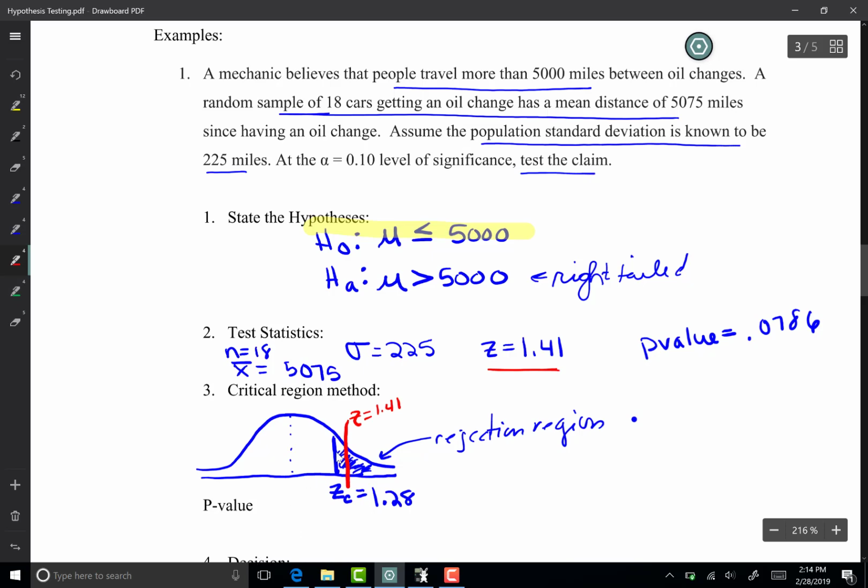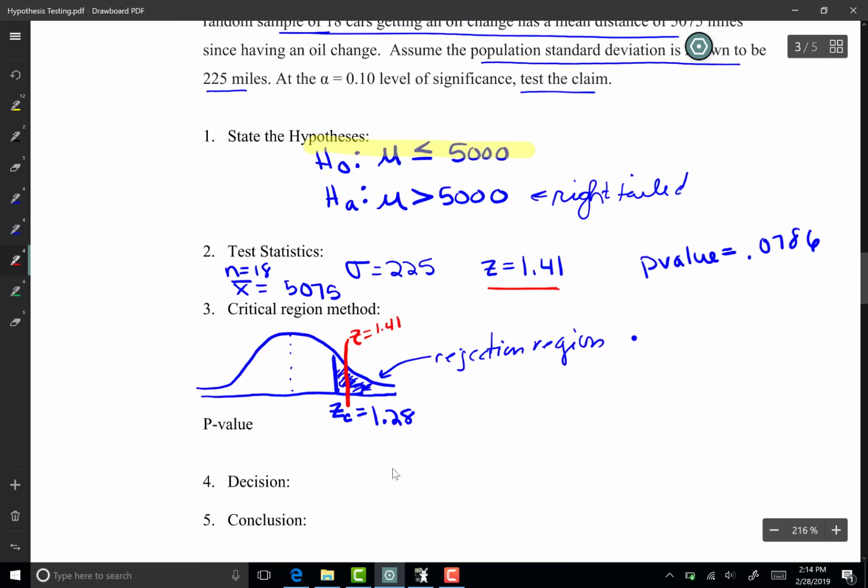That actually fell inside my rejection region. So I'm just going to skip down here. I'm going to do this in two parts. My decision based on the critical region is that I reject the null hypothesis. Are you with me? Looking at my test statistic, it falls within the rejection region. Therefore, I reject the null. That's how the critical region method works.